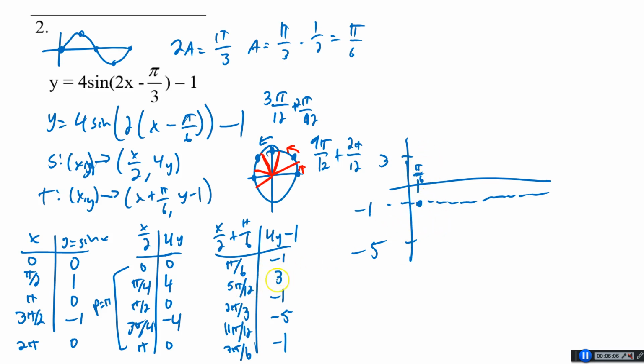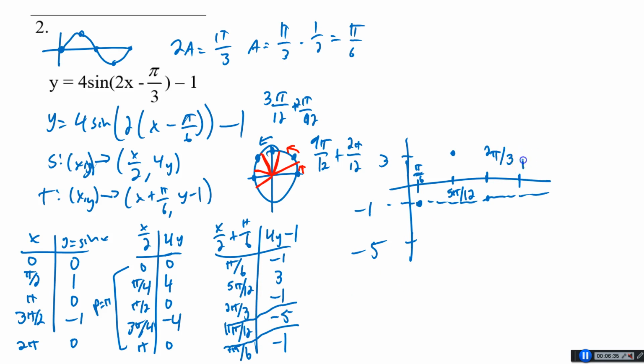Okay, so now at 5 pi over 12, we're up at 3. We'll call this 5 pi over 12. And then at 2 pi over 3, we are back down to negative 1. Sorry, my line's got a little bit messed up here. Okay, so at 2 pi over 3, we're back down to negative 1. Let's say it's about here. Alright, and then at 11 pi over 12, we're down to negative 5.